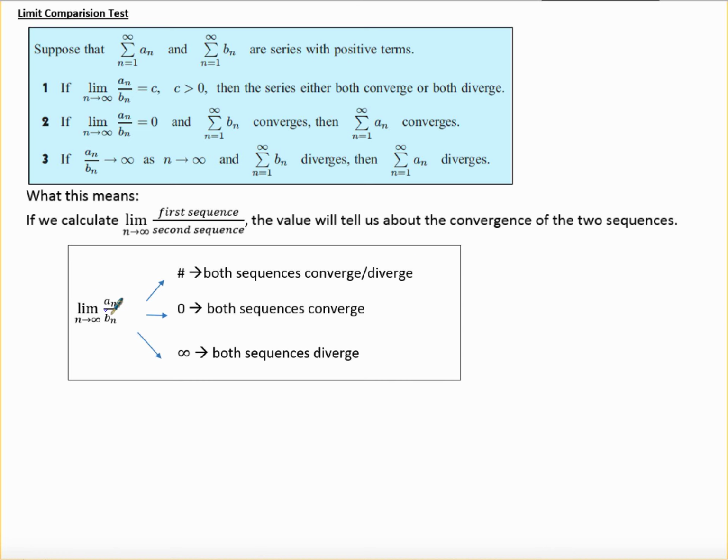Now, if the limit goes to 0, then both of those sequences will converge. If this limit goes to infinity, or if the limit doesn't exist, then both sequences are going to diverge. Okay, so let's check this out.